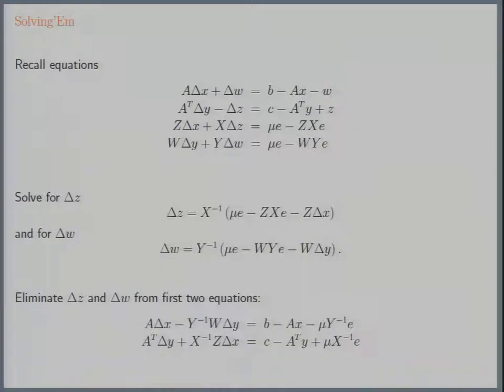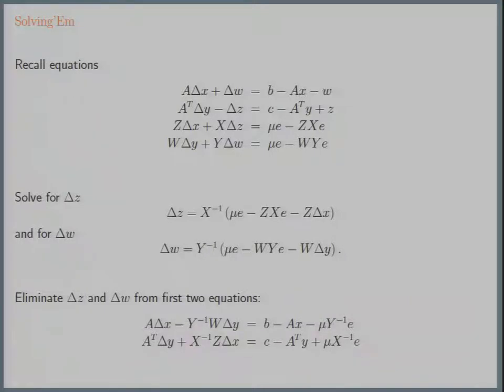So X inverse Z delta x plus A transpose delta y, and to keep them consistent with what I usually do, I'll call these sigma and rho. And the first equation, which I'll write down second, is A delta x minus Y inverse W delta y.